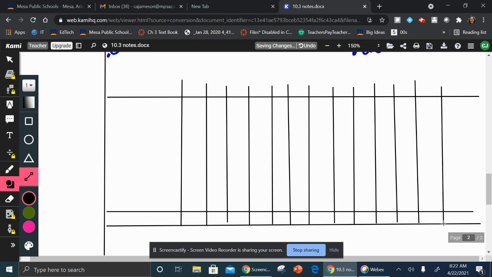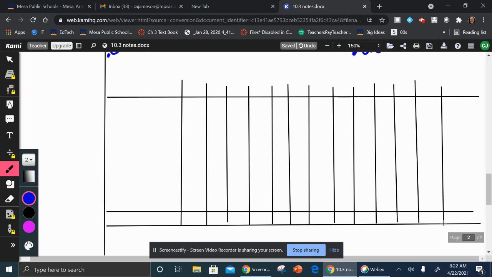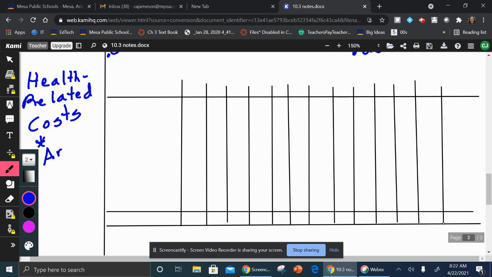I'm not giving myself enough room to write, but that's okay. Okay, so these are for health-related costs, everybody. And everybody, this would be the annual budget.